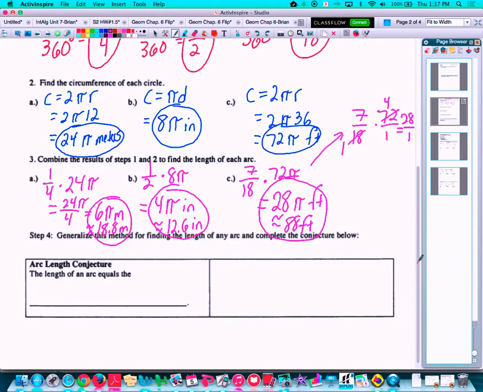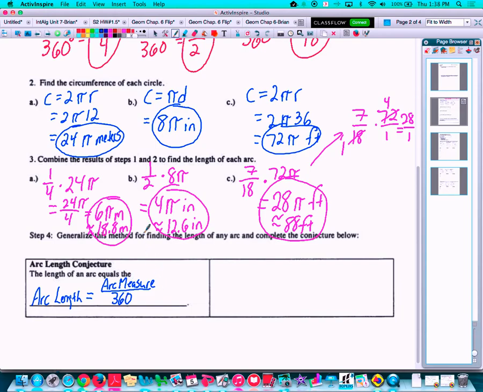So if you think about arc length, it's just the fraction of the circumference that you're working with. So if we think about the conjecture down here, arc length, I'm just going to put the whole formula in here. So arc length is equal to basically our arc measure, so the degree amount of the arc, out of 360. So if it was 90 degrees, like we did up here, 90 out of 360, or 1/4. If it was 180 degrees here, 180 out of 360, which would be 1/2.